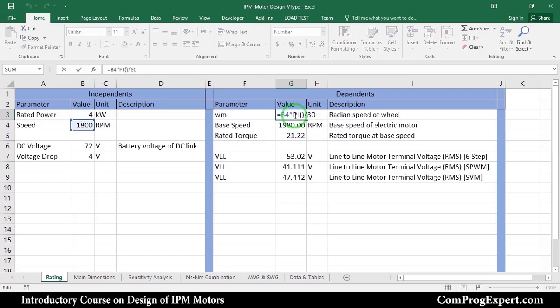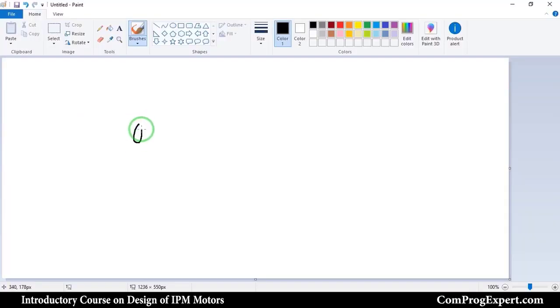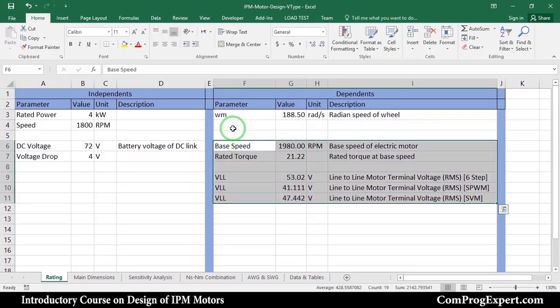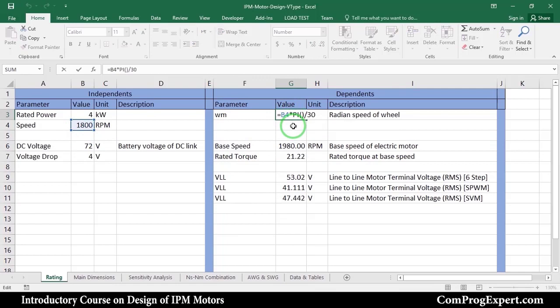This is omega m, the mechanical speed, which is equal to rpm times pi divided by 30. Okay, let me cut these cells. This is this calculation, and I write here rated torque.